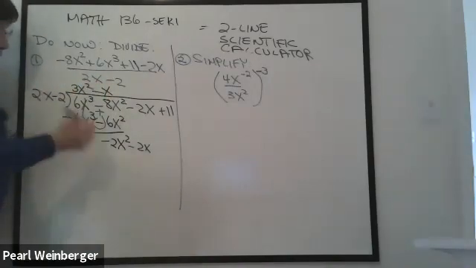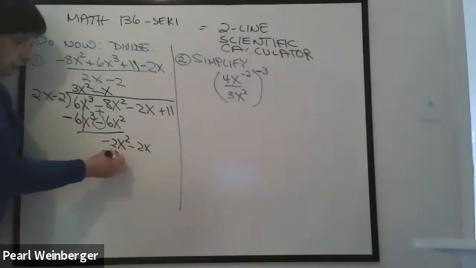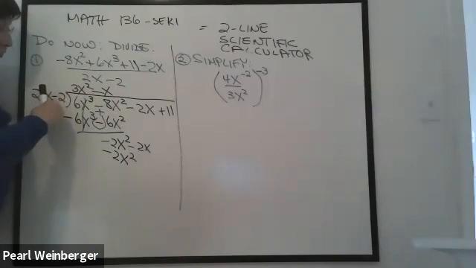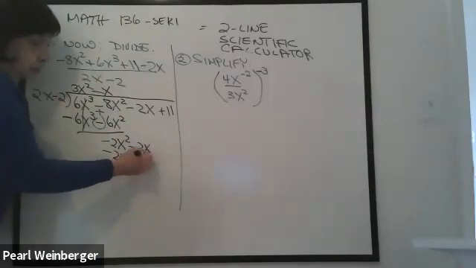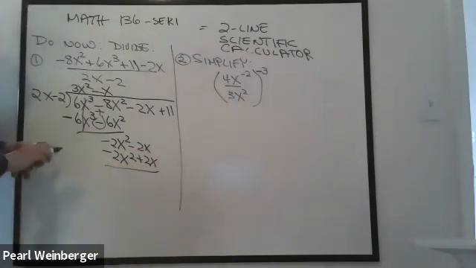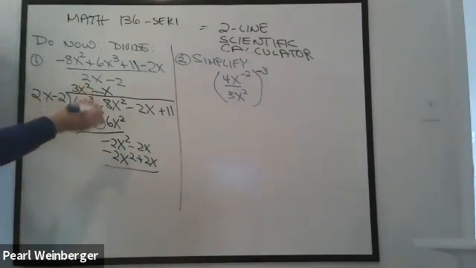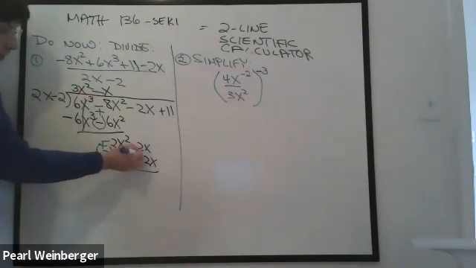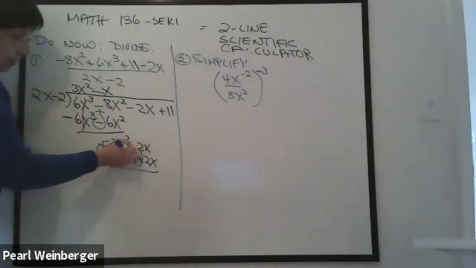Negative x times 2x is negative 2x squared. Negative x times negative 2 is positive 2x, because the negative and the negative give me a positive. Okay, I now subtract. So this one is going to become plus, and this is going to become minus.